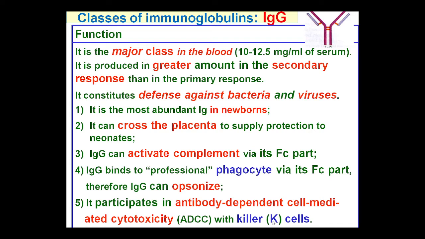Natural killer recognizes by its Fc receptor immunoglobulin G bound to the target cell and initiates signal for attack of the killer cell against this target cell.